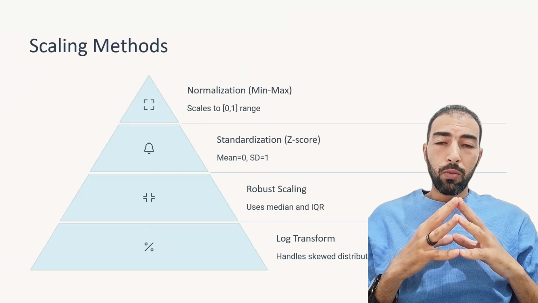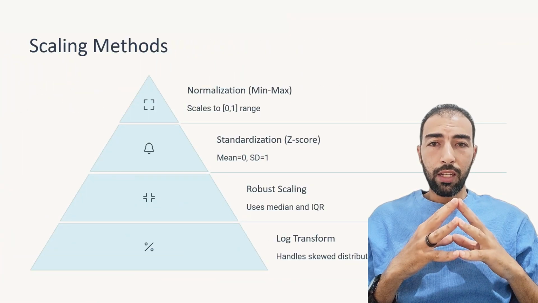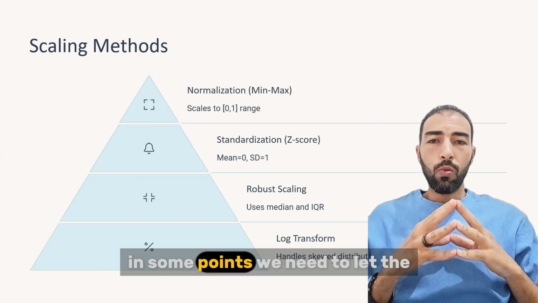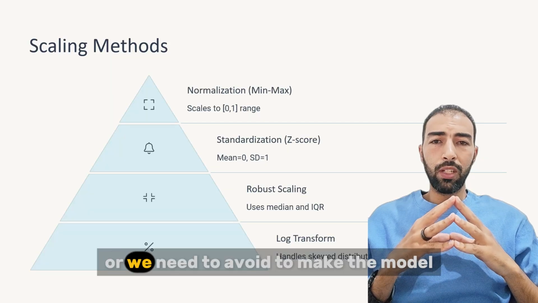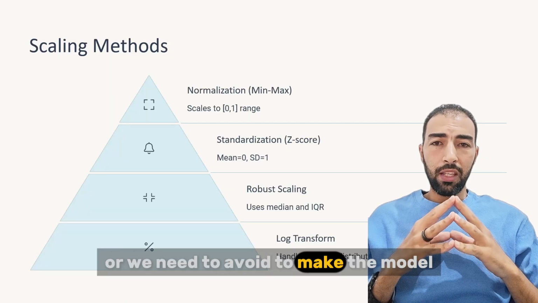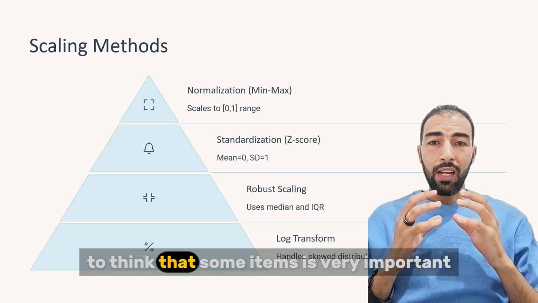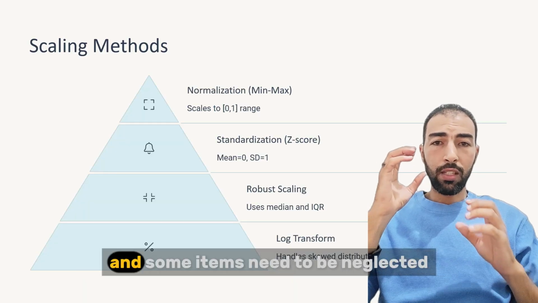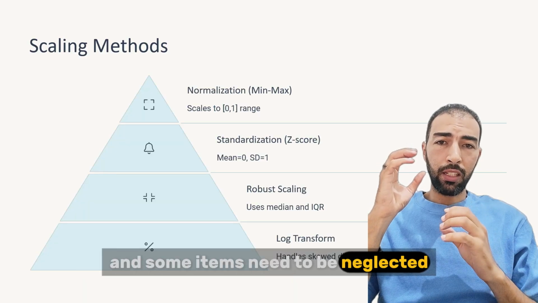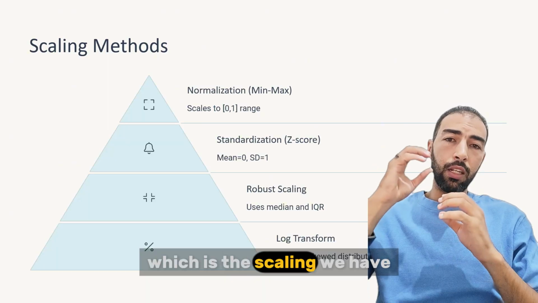Back again to numerical data and scaling. At some points, we need to avoid making the model think that some items are very important and some items need to be neglected, which is what scaling is for.